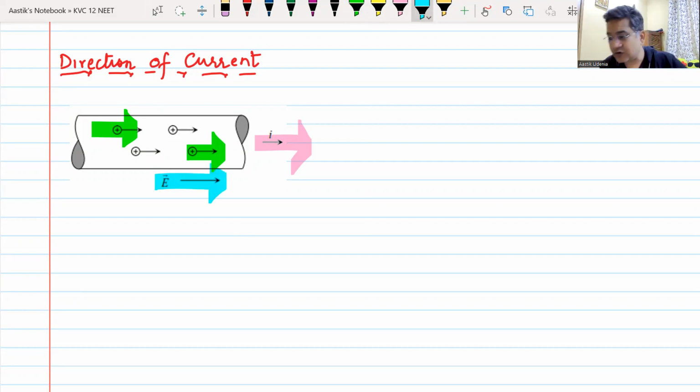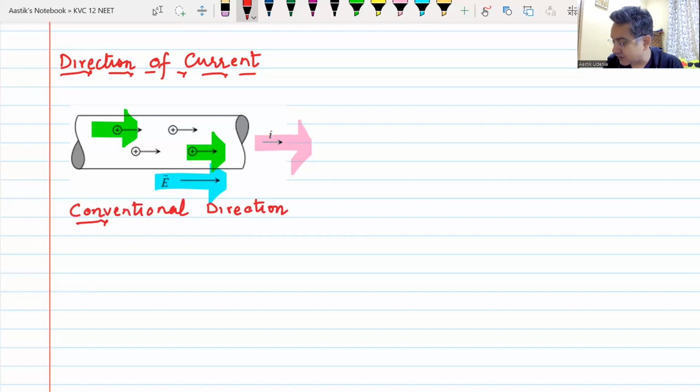Positive charges will always flow in the direction of electric field, and that is taken as the direction of current. We call it conventional direction of current. Whenever anyone talks about the direction of current, this is the direction that he is talking about. He is talking about the direction of flow of positive charges.